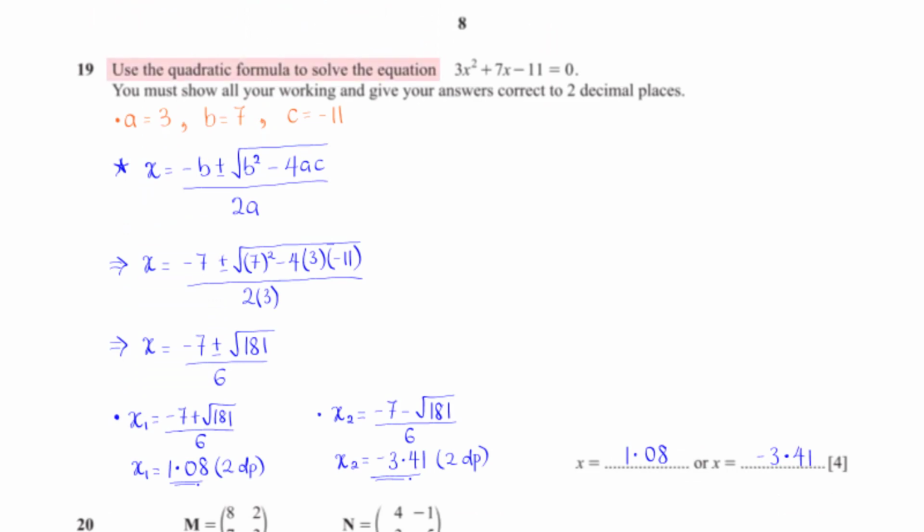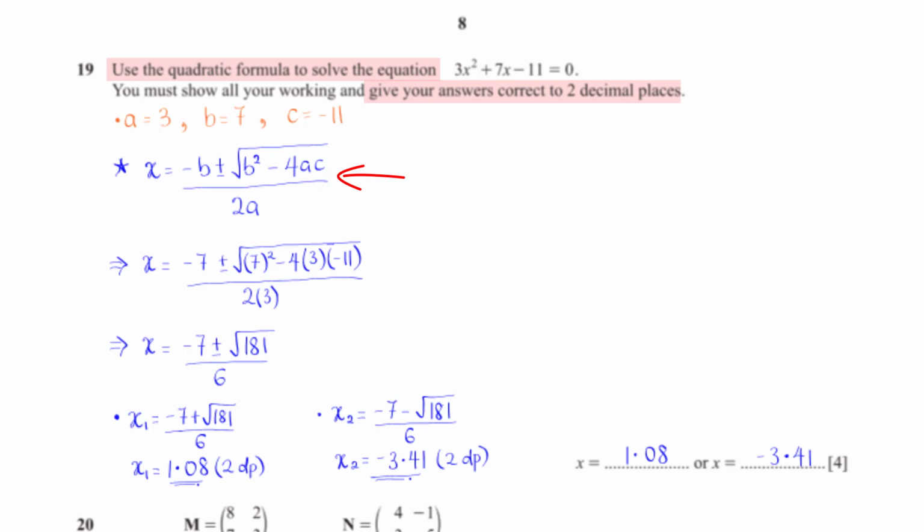Use the quadratic formula to solve the equation 3x^2 + 7x - 11 = 0. You must show all your working and give your answers correct to 2 decimal places. The quadratic formula is x is equal to negative b plus or minus the square root of b^2 minus 4ac, divided by 2a.